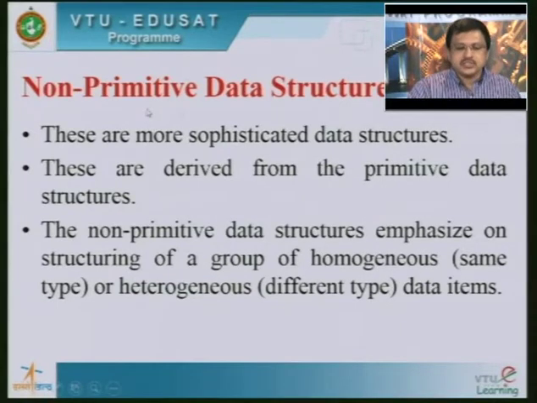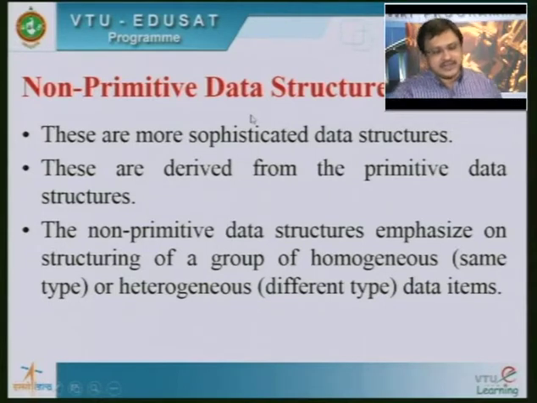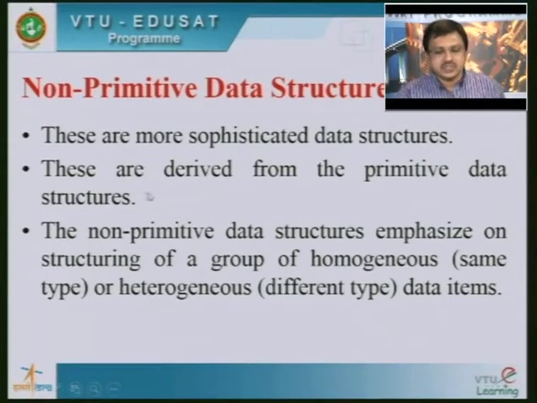The non-primitive data structures are generally slightly more sophisticated data structures. These are derived from primitive data structures. Basically, the components of non-primitive data structures are primitive data structures. They emphasize structuring a group of homogeneous and, in some cases, heterogeneous data items. That means it could be a collection of integers, characters, floating point numbers, or arrays, and sometimes a collection of integers and floating points or something else.